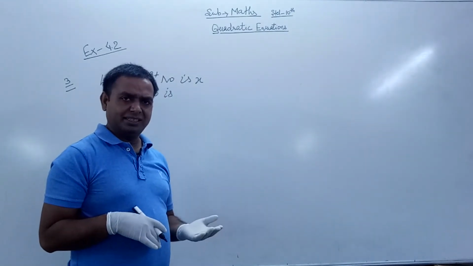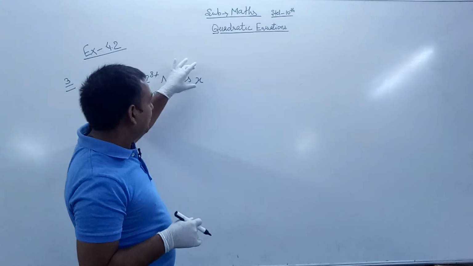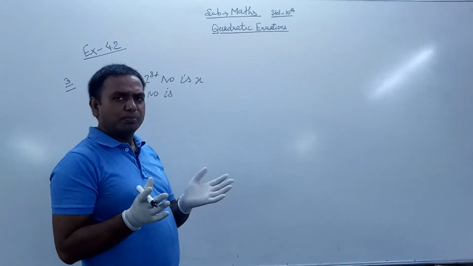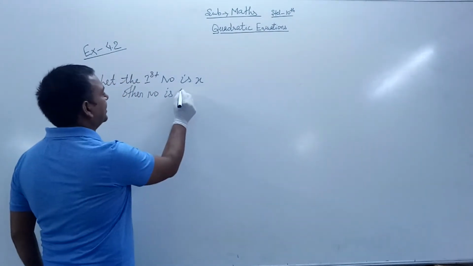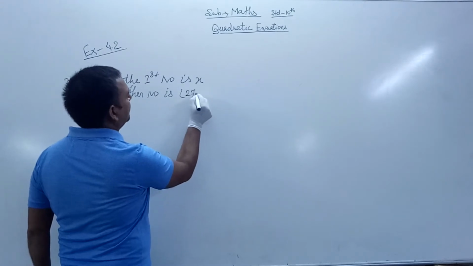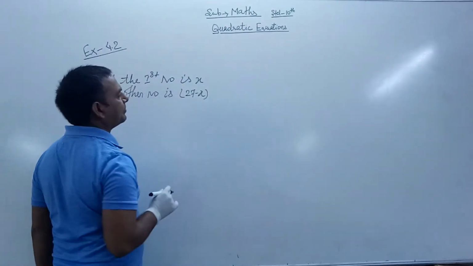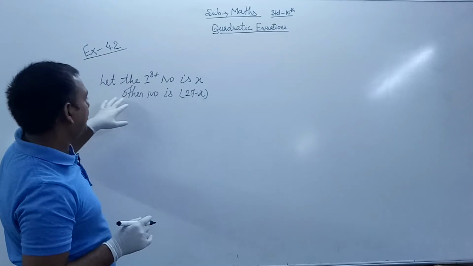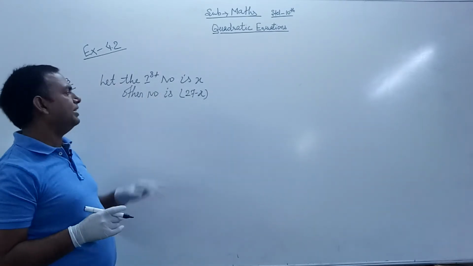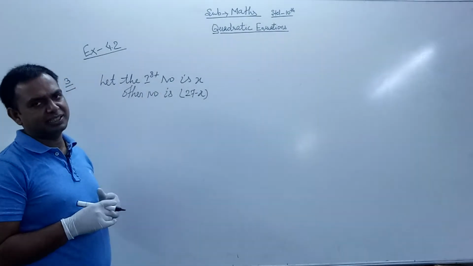You subtract the first number from the sum of both numbers. So here the first number is x and the other number is 27 minus x.